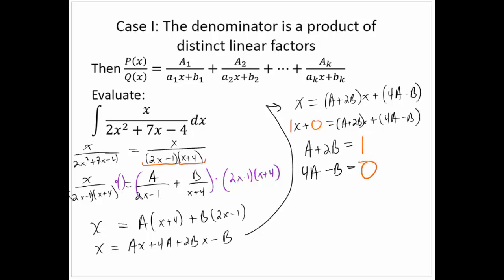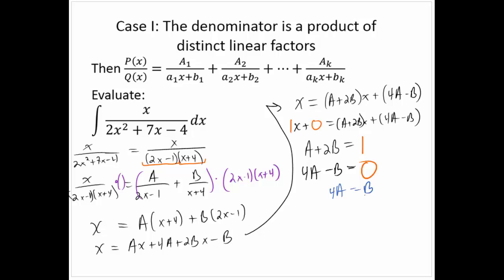And now I have to solve this system of equations for a and b. We're going to use whatever techniques we need, substitutions, eliminations, whatever. I noticed that if 4a minus b is 0, then 4a equals b.